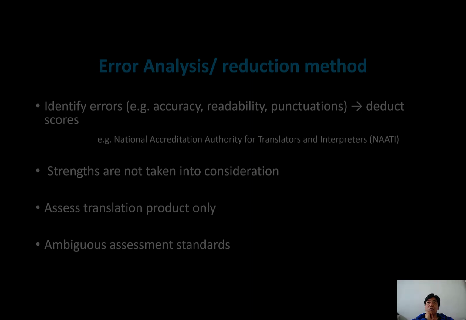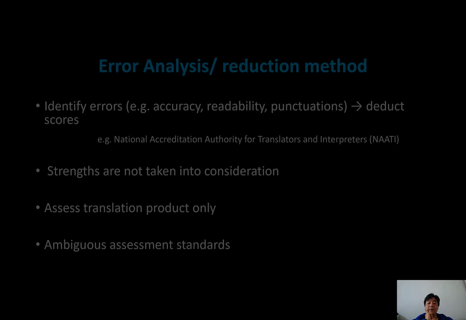And this is quite often used for the purpose of getting license qualifications or accreditations, as you can see from the case of Australian National Accreditation System, which is called NAATI.